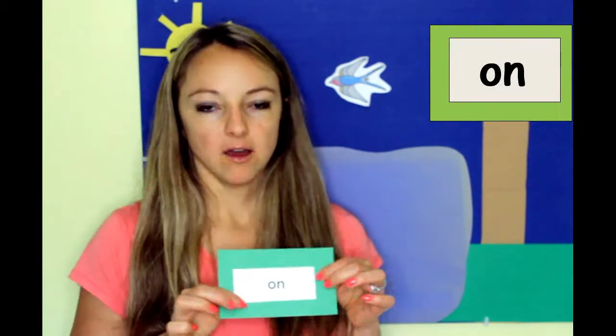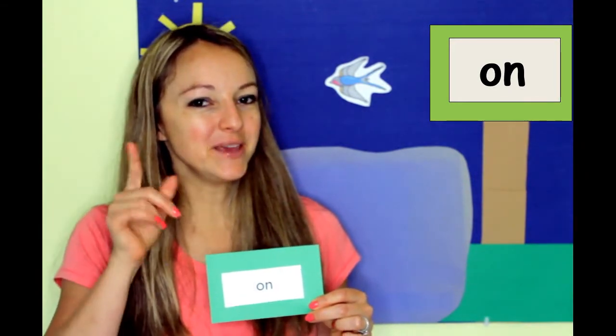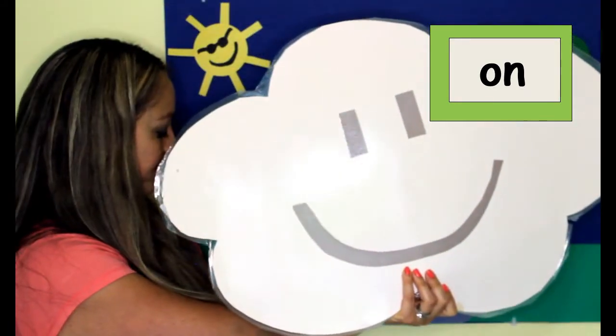Okay, let's play our hide and seek game with our froggy. I'm going to get out a word card. The first one is on. Okay, I'm going to go hide our froggy. No peeking. Okay, are you ready to look for the froggy?